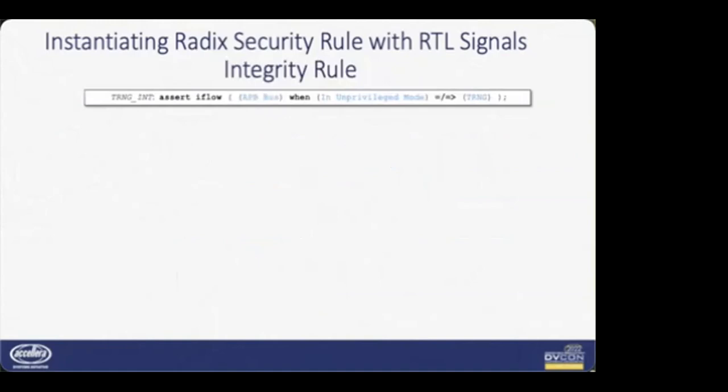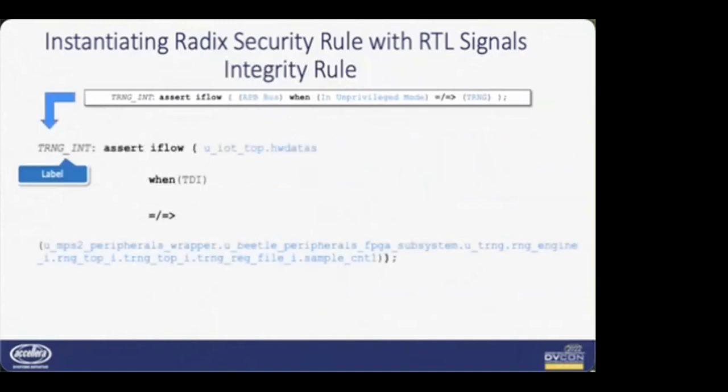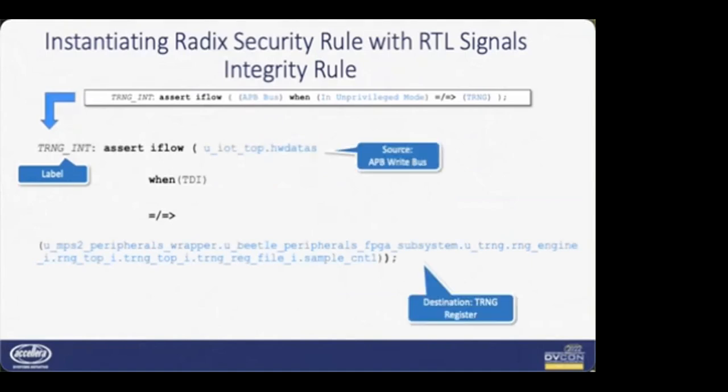Let us now look at converting the integrity abstract rule to an integrity Radix security rule. We have the label TRNG-INT for the rule. The source is the APB write bus, while the destination is the sample count register.